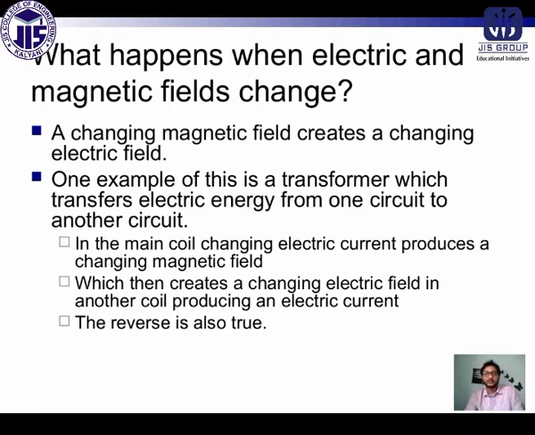So one coil having some current creates a change in magnetic field, which then produces an electric current in another coil, and the reverse is also possible. We have seen in the case of mutual inductance how the voltage is generated in our circuit theory lecture. The same thing is here. There is no more difference.